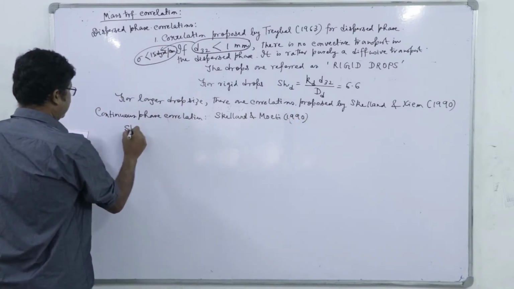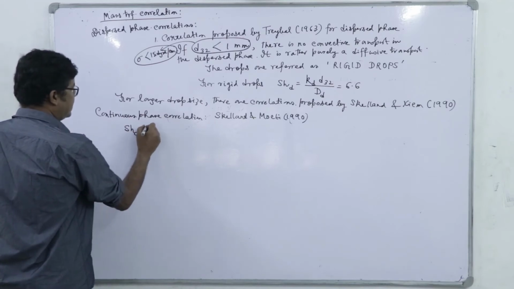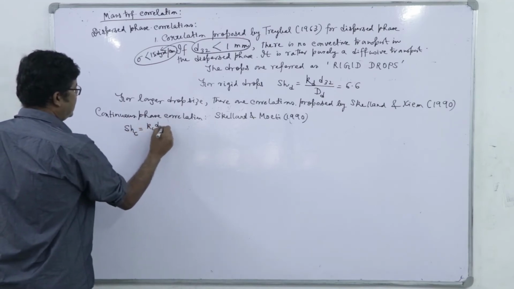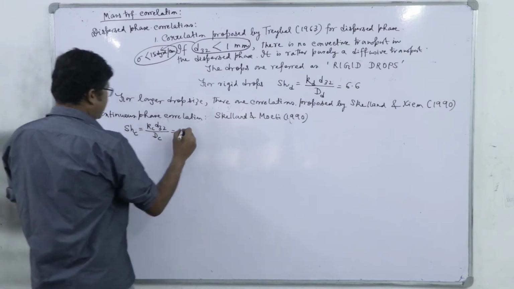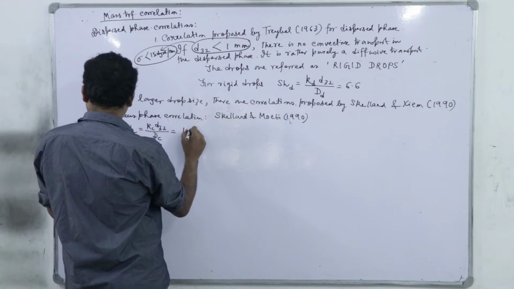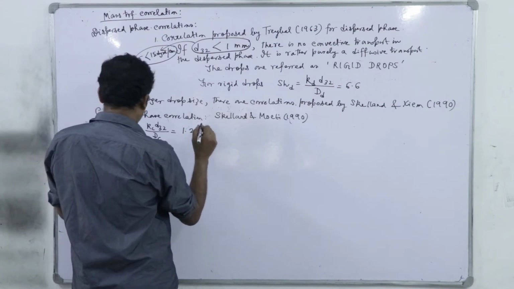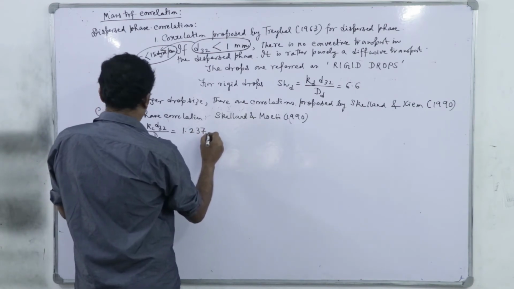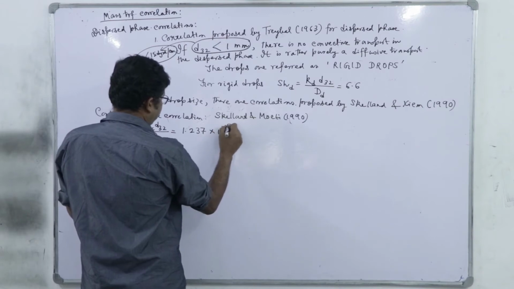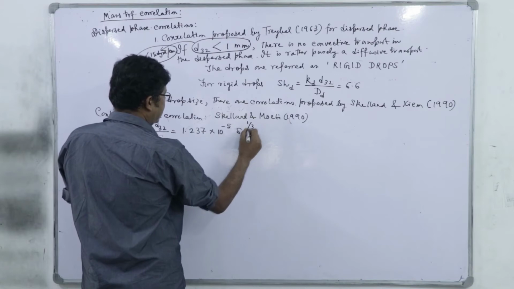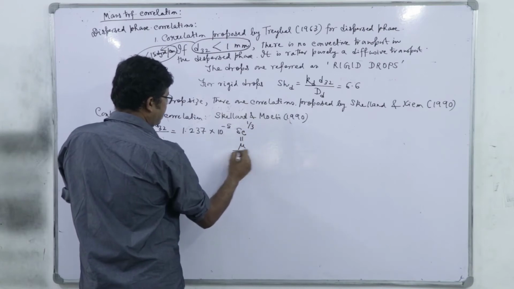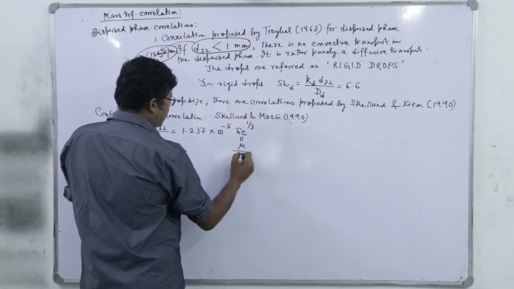So, this states the Sherwood number for the continuous phase, Kc into d32 divided by Dc. This is a complex correlation, you do not have to remember it, I am just giving the example: 1.327 into 10 to the power minus 5 into Schmidt number to the power 1/3. Schmidt number is equal to mu divided by rho Dc.